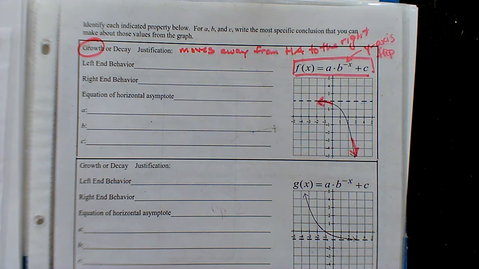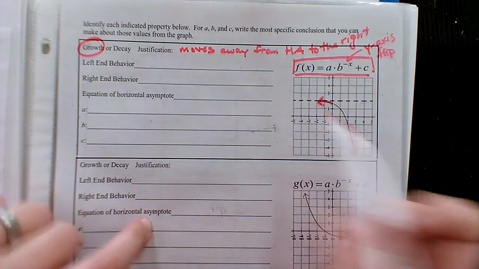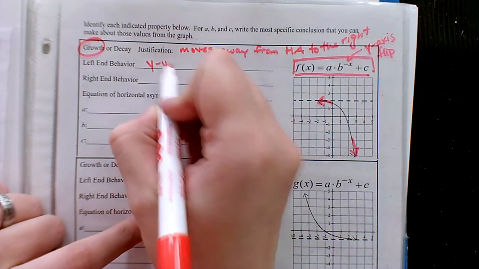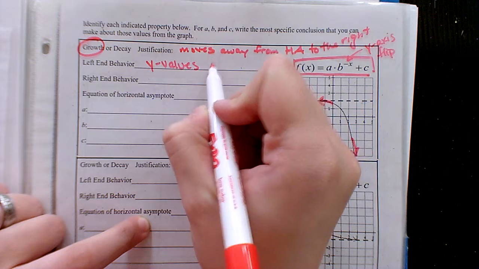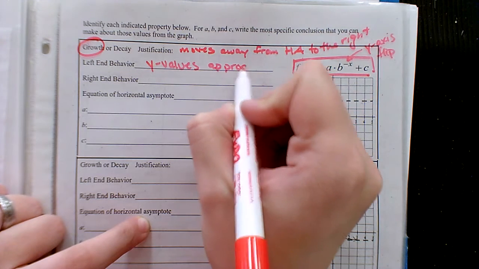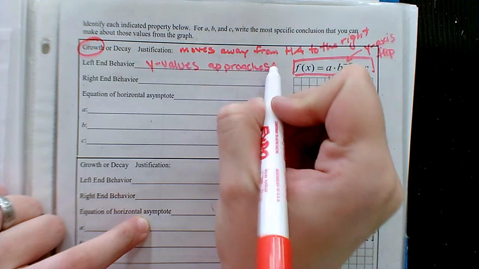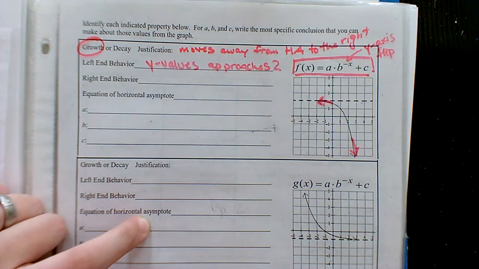Does it go up forever, down forever? Does it do something completely different? Yeah. The left-hand behavior is going towards 2. So the y values, the height of the graph, approaches 2. I like it. What about the right side?